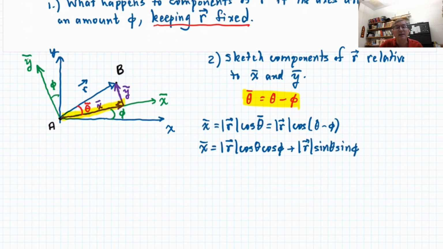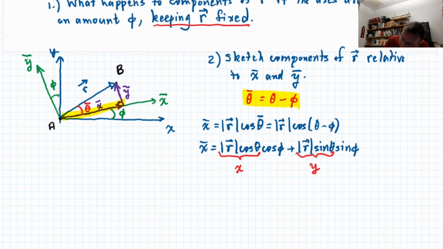That's just a trig identity for the cosine of the difference of two angles. But then we remember that r magnitude cosine theta, not theta bar, theta, was the original x component of r. So we just call that x. And r magnitude sine theta was the original y component of r. So we'll just call that y.